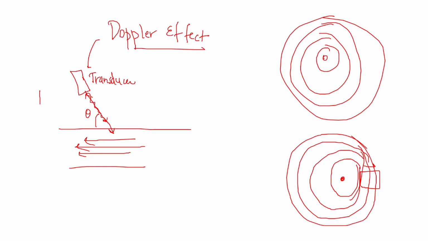So when you apply an ultrasound beam through the transducer and it strikes the moving object, this will result in a change in frequency and also velocity.